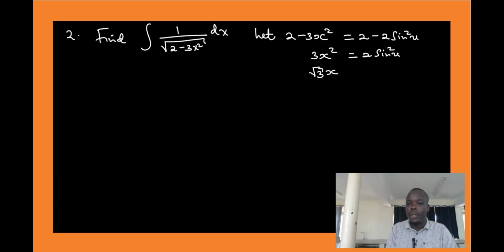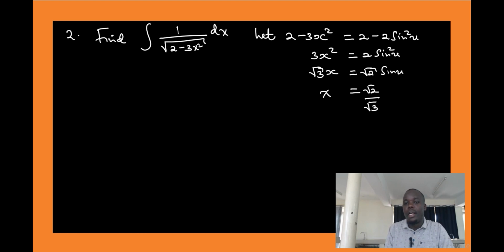X is outside the root, remember. And on the right-hand side, we shall have root 2, but square root of sine squared is sine of u. So that is what we shall have at that level. Then you can make x the subject. X definitely becomes root of 2 out of root of 3, sine of u.